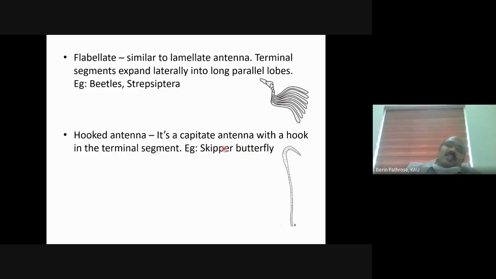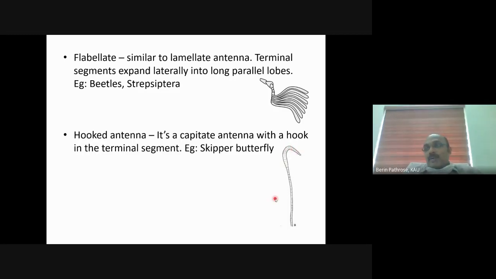Then we will discuss a slight modification of capitate antenna. Capitate antenna is seen in butterflies, where only the terminal segments of the antenna are suddenly expanded. But in hooked antenna, a modification of capitate antenna, the tip of the antenna is curved into a hook-like structure, just like what you can see.